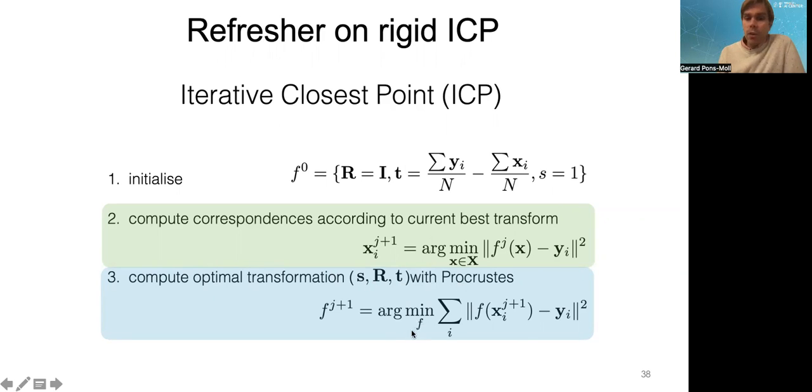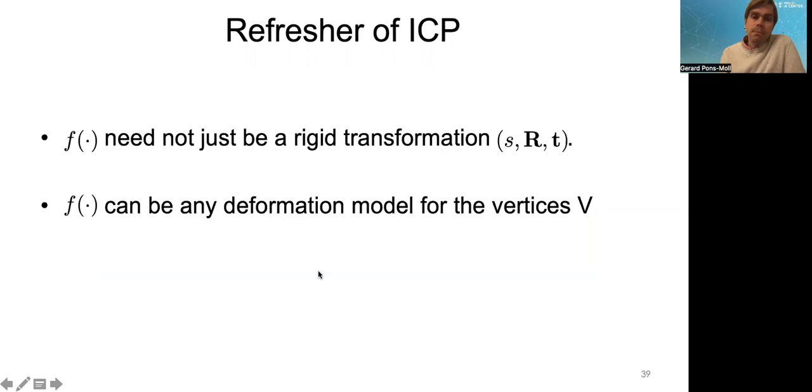And basically here we were solving for the optimal transformation F, which in this case was a rigid transformation. And we would have to alternate between 2 and 3 until we obtain convergence. So F, we saw that already in the previous lecture, does not need to be a rigid transformation. It could be any deformation model for the vertices V.